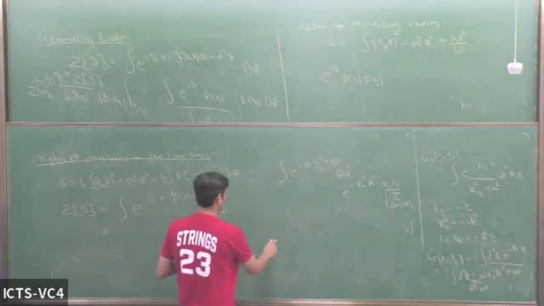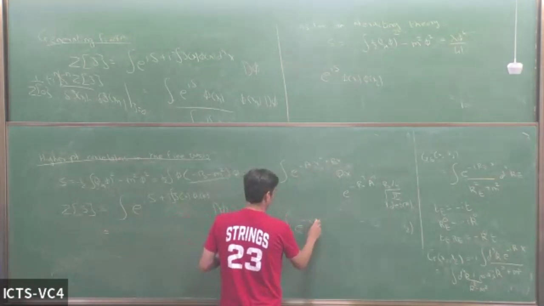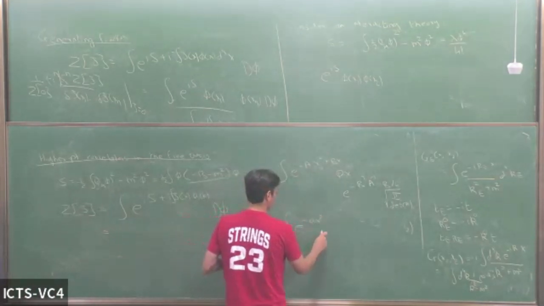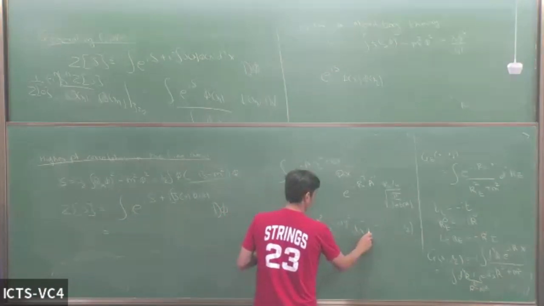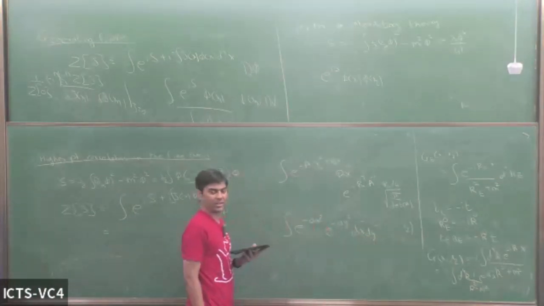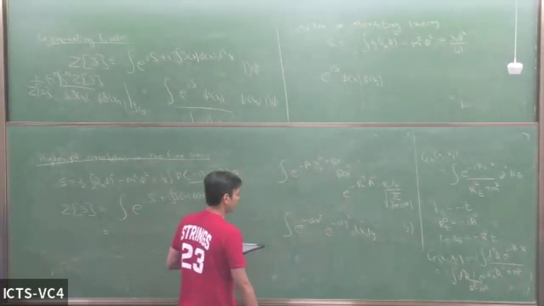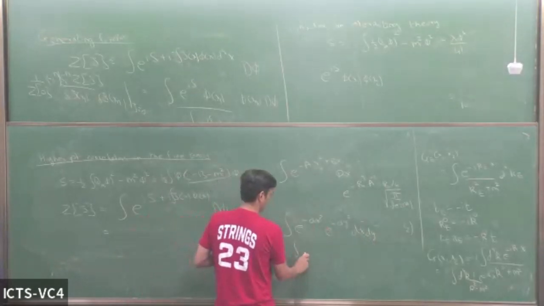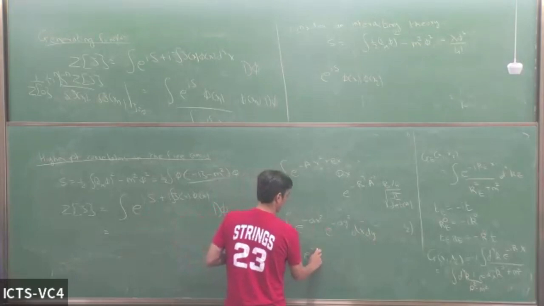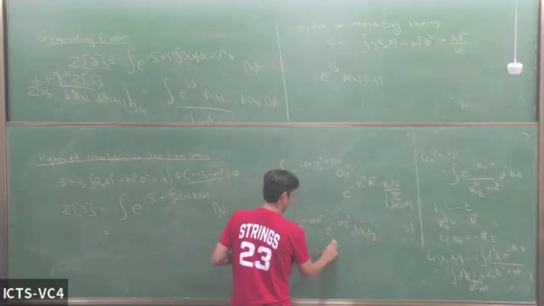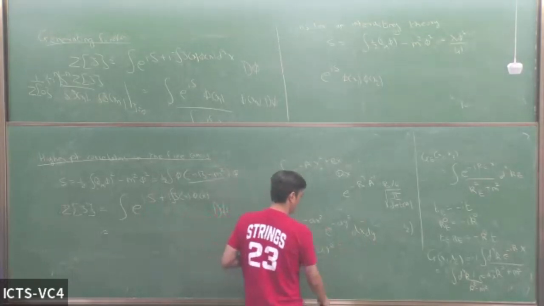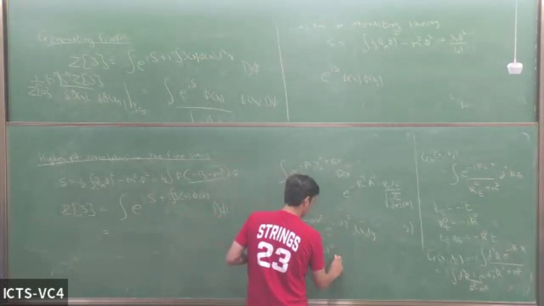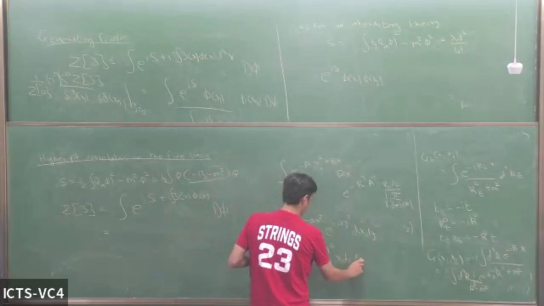Let's derive it. e to the minus a x squared. Let's square this integral. So you get e to the minus a y squared dx dy. Then it looks like e to the minus a r squared. So I've just squared the integral. So it looks like e to the minus a r squared r dr dθ.